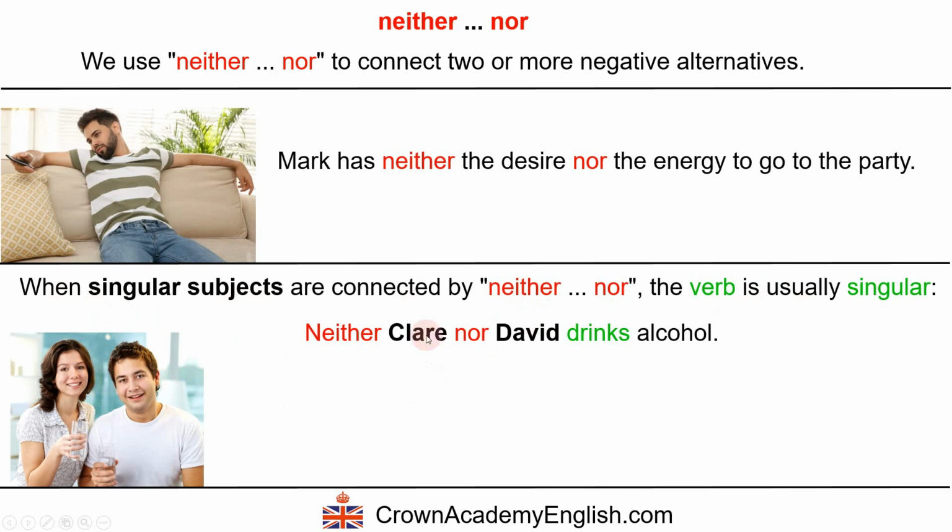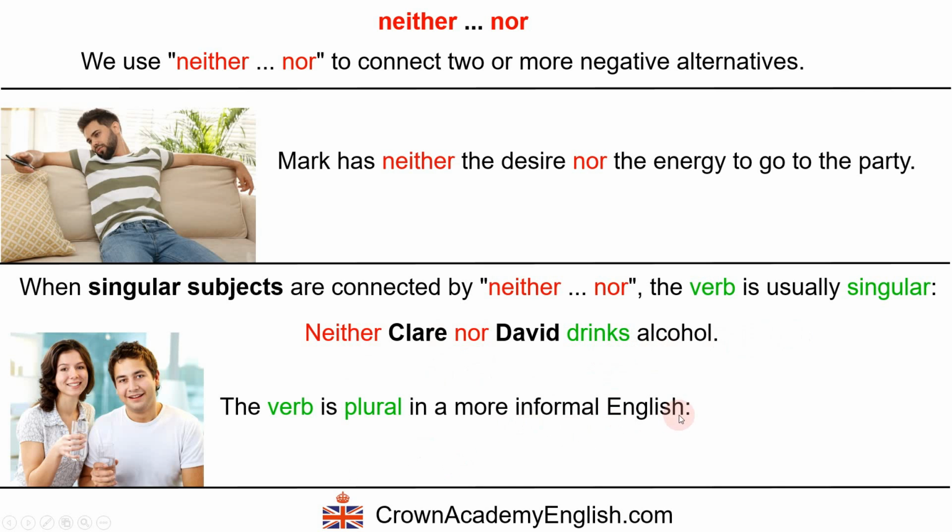So the subjects are Claire and David in the singular. So we use the verb in the singular form. Neither Claire nor David drinks alcohol. So this is connecting the subjects, and so we have the verb in the singular, third person singular, drinks.